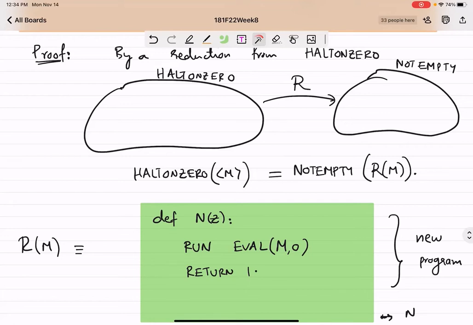So there's a question: how do you know what to define N as? Yeah, that's where you have to be mindful of the definition of the problem and play around with a few examples and develop some sense of how to come up with these reductions, right? As I said, to come up with a reduction, you have to first choose the right problem to reduce from. If I say, show that this problem is uncomputable, you have to pick the right starting problem to reduce from.